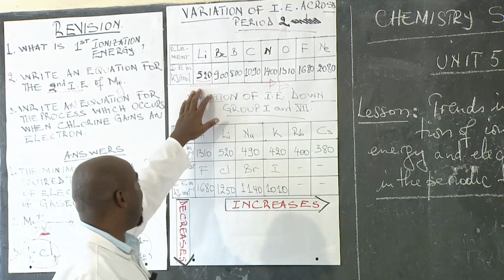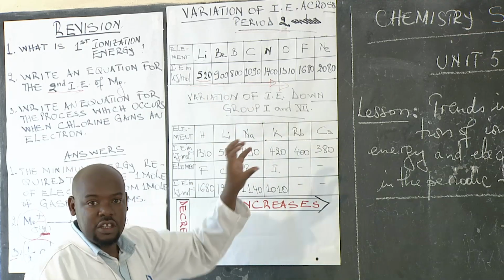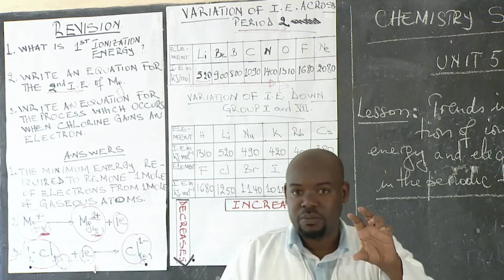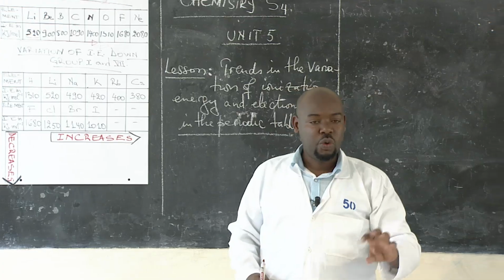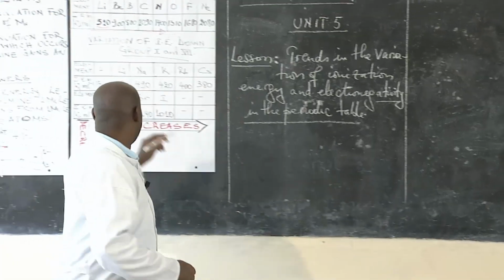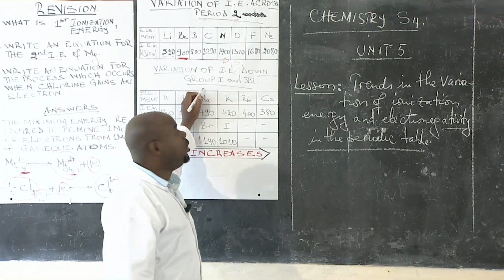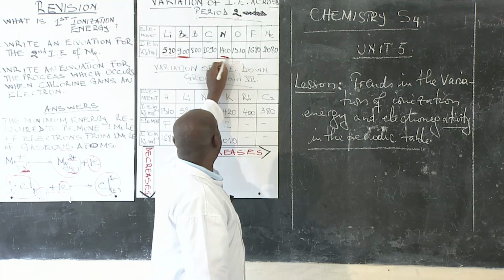And in the table we have here, we have two values which are breaking the general trend. Which values are those ones? We have beryllium, we have nitrogen.